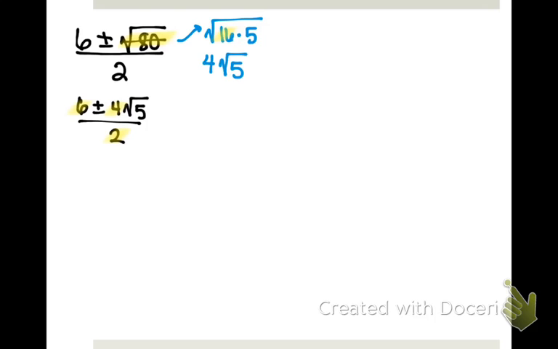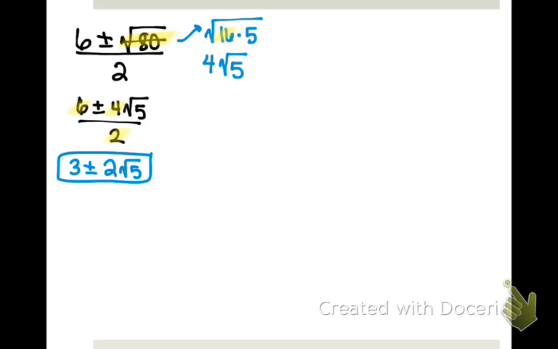It didn't divide evenly, but I could reduce. I have to be able to do it with all 3 of those coefficients and constants. So here, I could divide this out. I can do 6 divided by 2, that's 3, plus or minus 4 divided by 2, which is 2 square root of 5, over 2 divided by 2, which is 1, so I could just stop here.